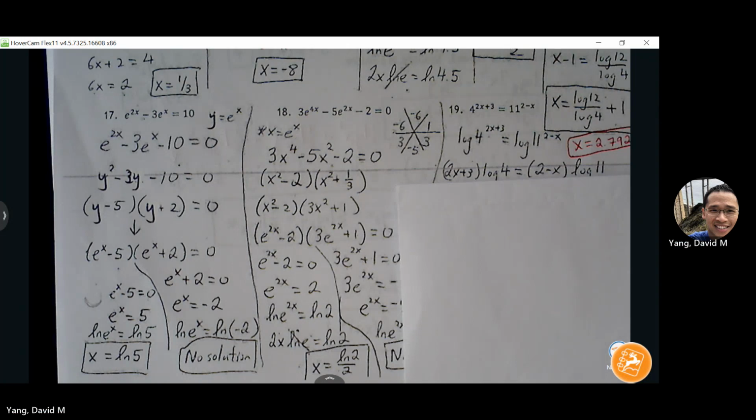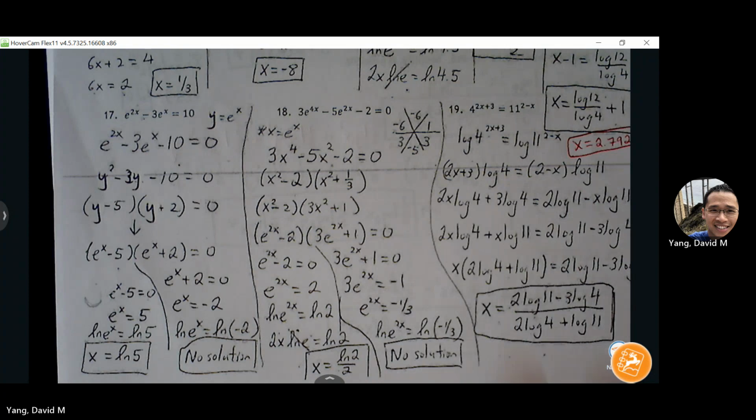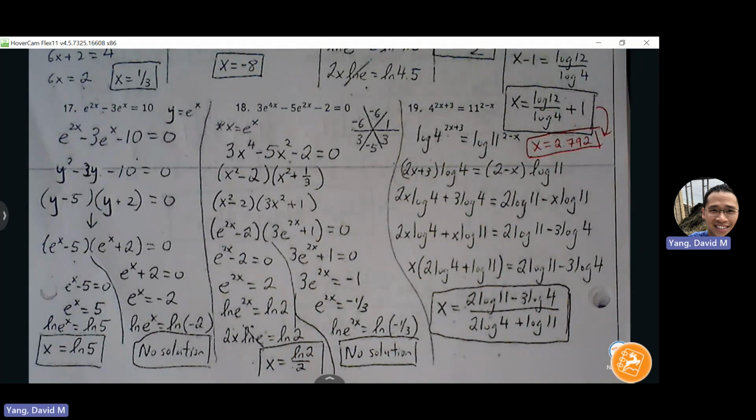So for 19, I left my answer in log form, but you could have plugged all this in the calculator, get a decimal number as well, that's fine.